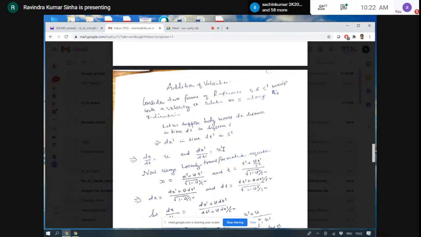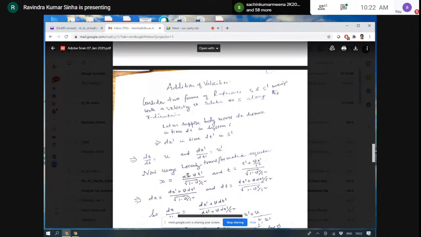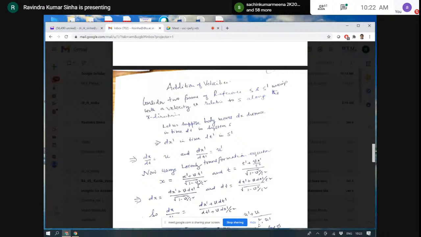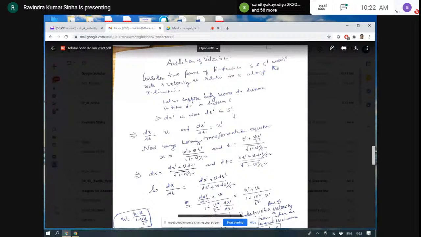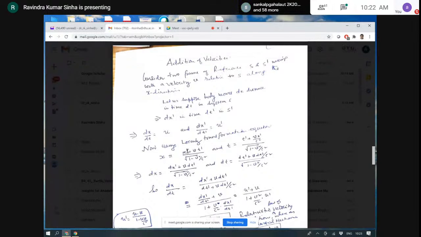Now we are using the Lorentz transformation equations. We know that X is equal to X dash plus Vt dash, because this coordinate we are taking from the stationary frame of reference, and this is from the moving frame of reference.